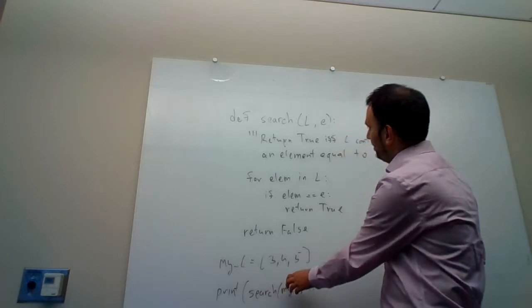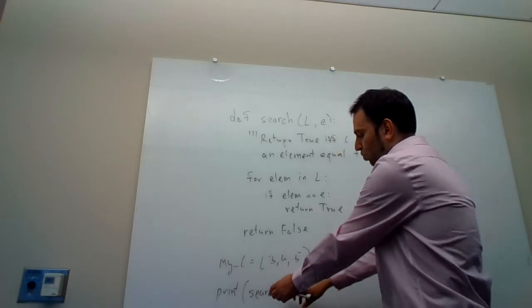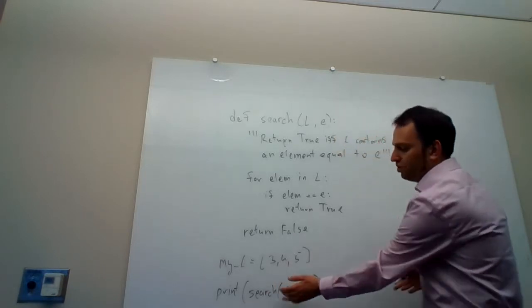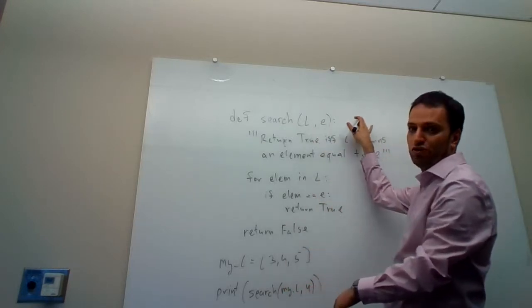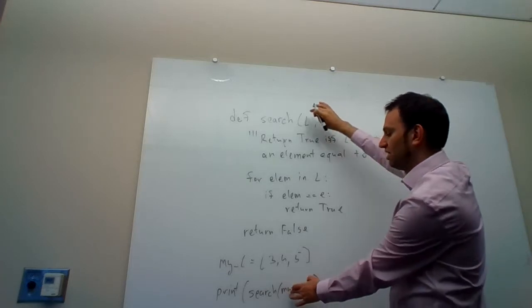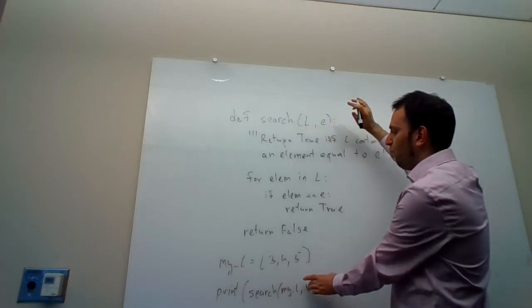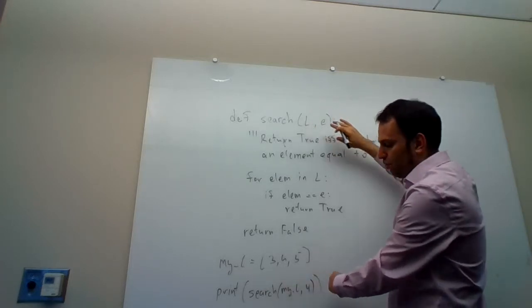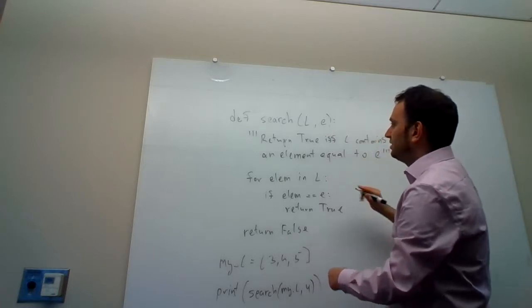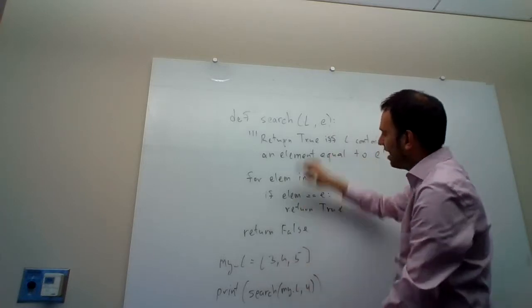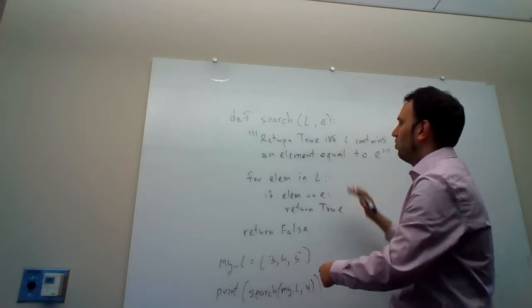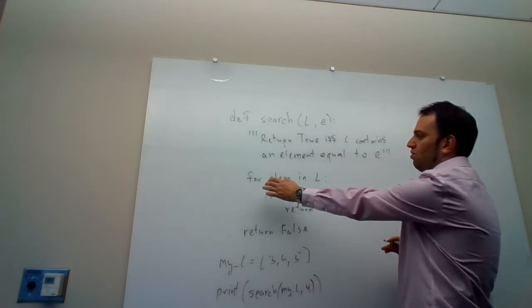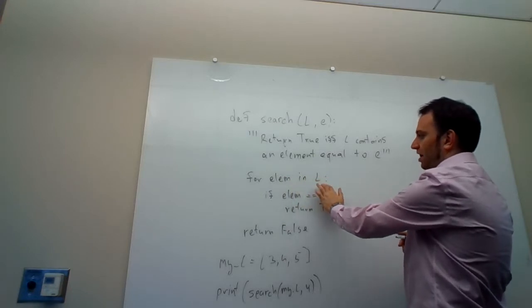An important thing to know is that the order of the arguments, those things that you send to the function, should be the same as the order of the parameters, so that my L will get sent to L and 4 will get sent to E. So the order has to be the same. So now L is 3, 4, 5, E is now 4, and we go for lm in L.